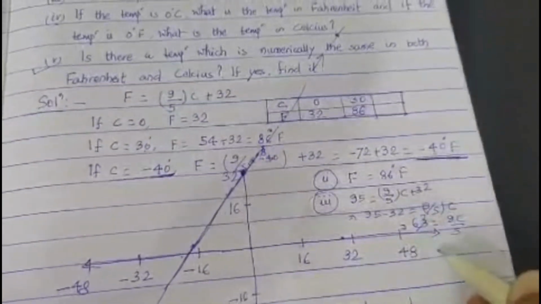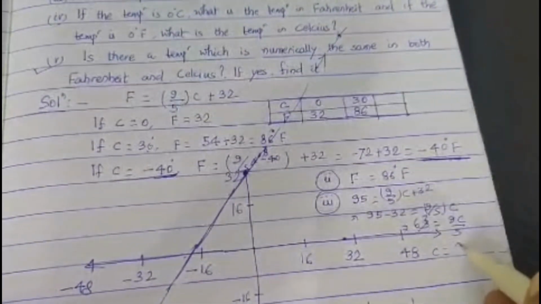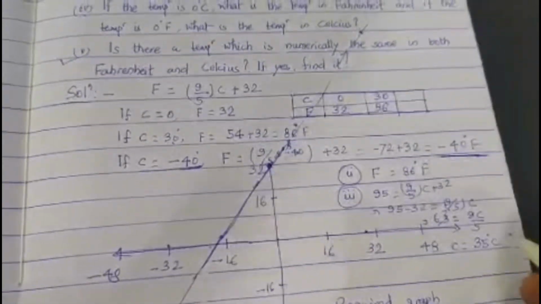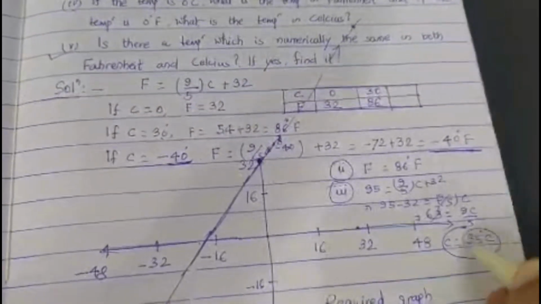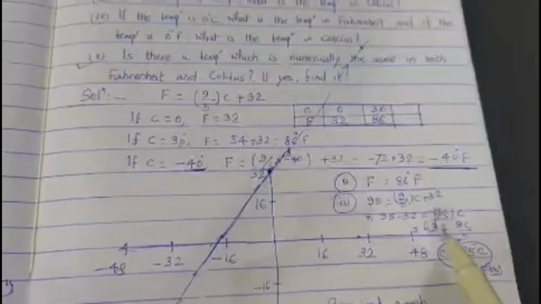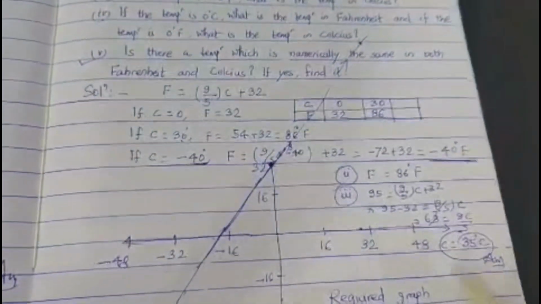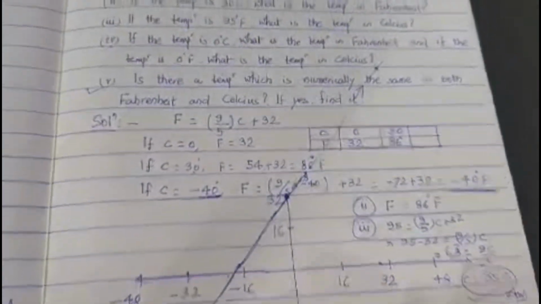So C equals 35. So 35 degrees centigrade is the answer. That means if Fahrenheit is 95, then Celsius will be 35. Okay, this is our third one.